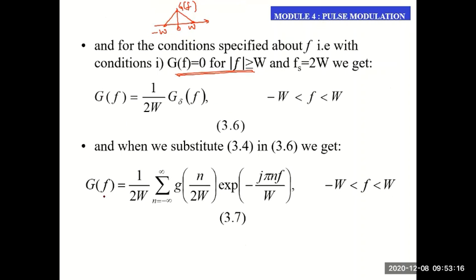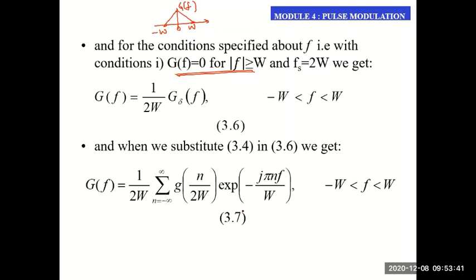G of F is equal to 1 by 2W summation. For G delta of F, I am substituting summation n is minus infinity to plus infinity G of n by 2W, which we had got, e to the power of minus j pi n f by W. So this we obtained by taking the Fourier transform equation.